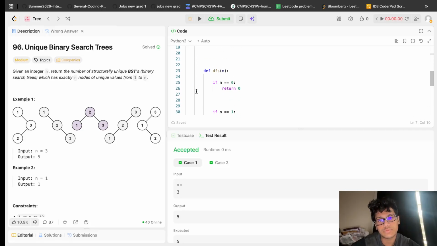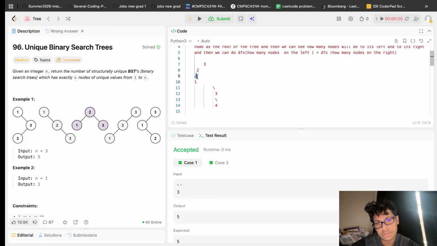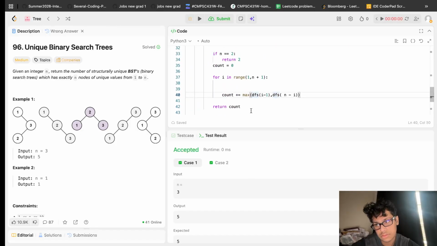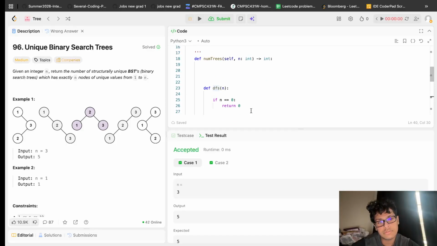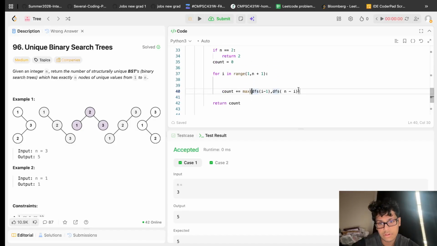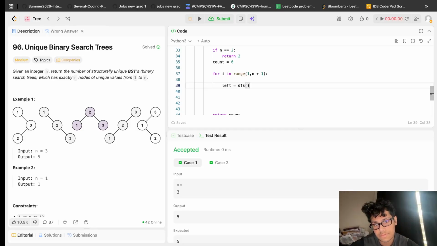N equals 1, return 1. That is true. However, this tree. What? If it's 2, we want to add them up though. DFS of... Okay, so I know we're doing the right DFSs.